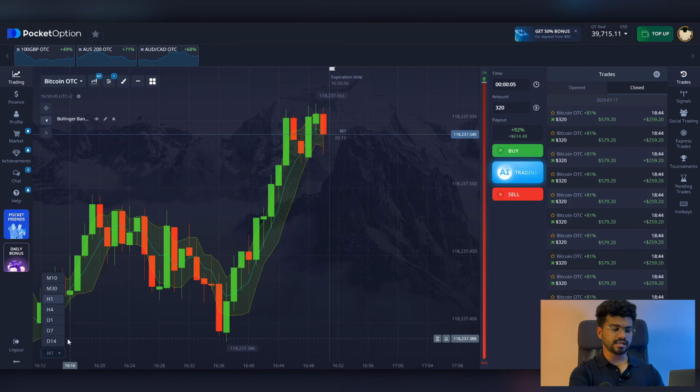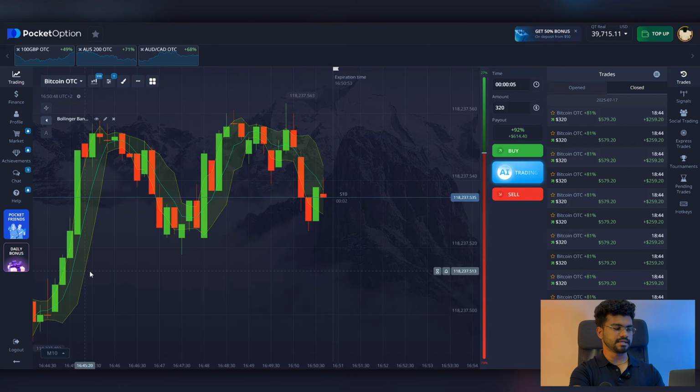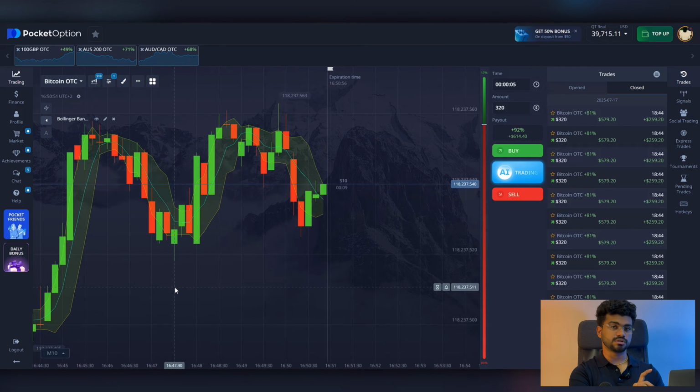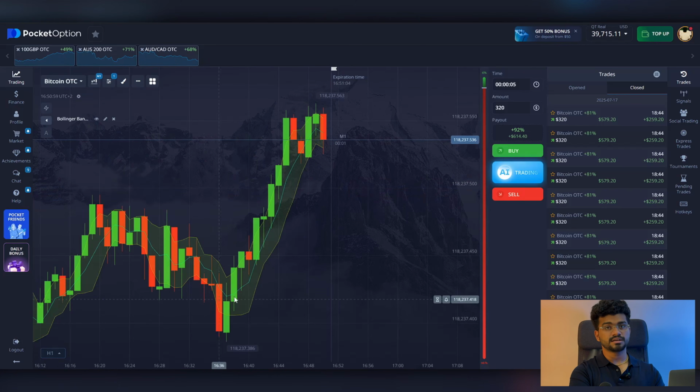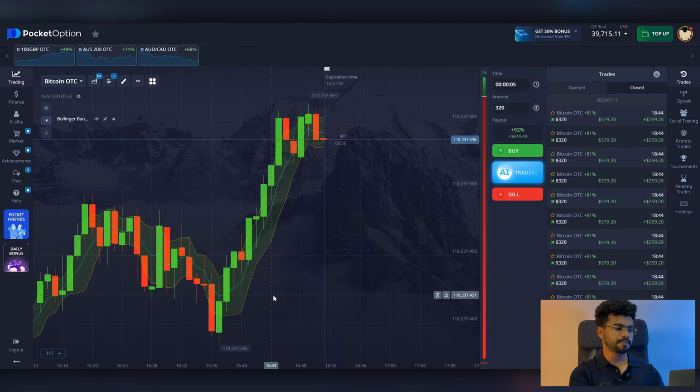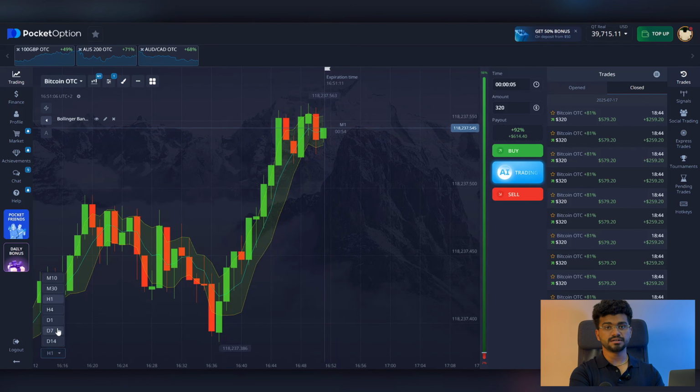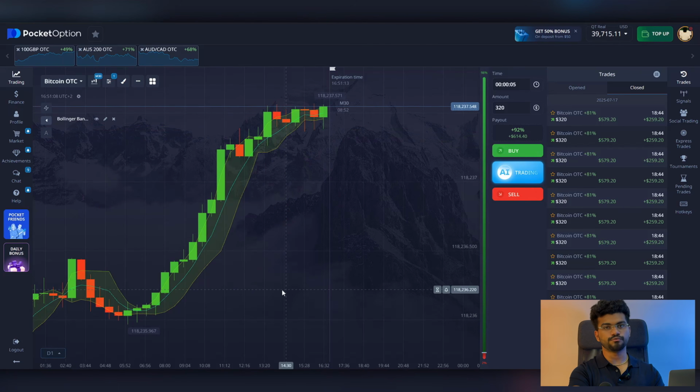If you click on any button on this, for example M10, each candle on the chart represents 10 minutes of market movement for that asset. And if you click on H1, then it shows you 1 hour of market movement. And similarly, D1 is for a full day of movement.